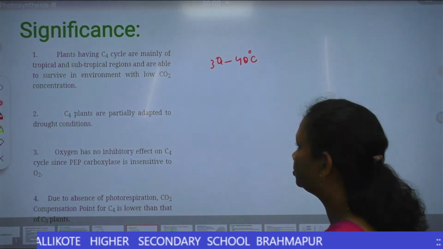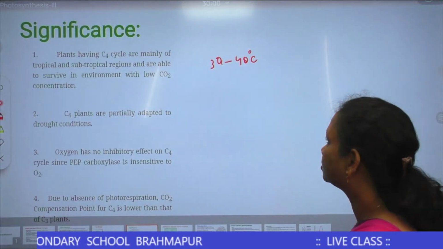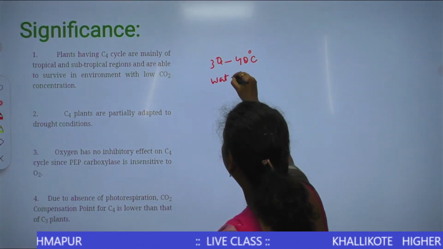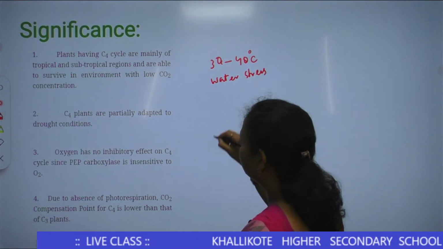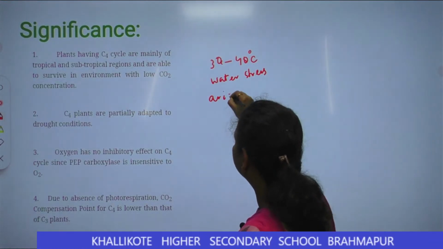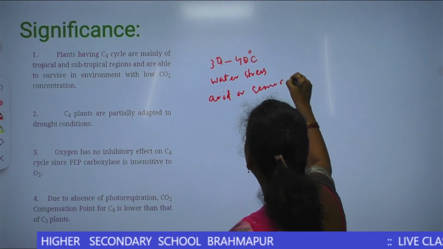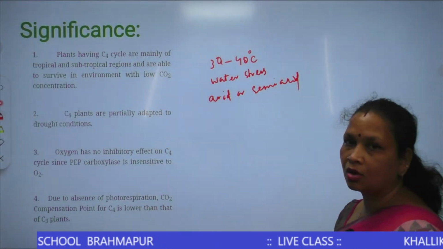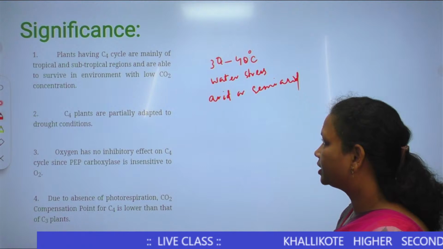So, they are able to carry out photosynthesis even at higher temperature, and they are more adapted to water stress conditions. These plants basically grow in arid or semi-arid conditions, where they are best suited.